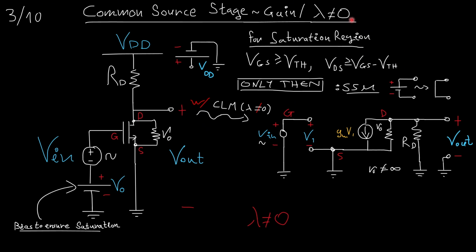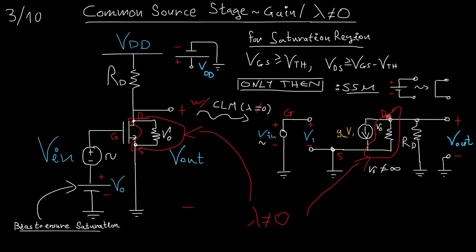Now what if we had actually channel length modulation? Well, in that case, we would have an extra resistance tied between the drain and the source of the device, a resistance of Ro, which will not be infinite, all right? When we had no channel length modulation, symbolized as lambda equal to 0, then Ro would be infinite.